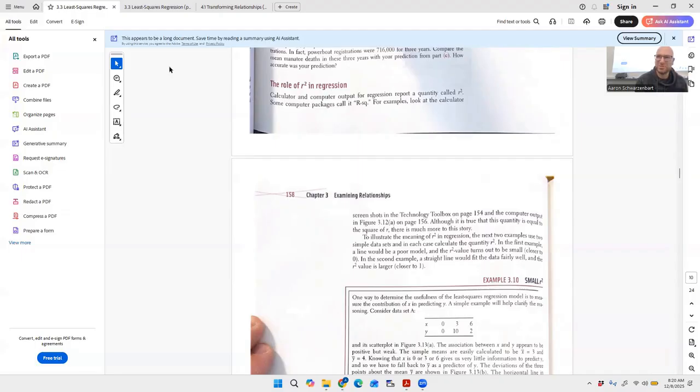You got to figure out each one's distance from the mean, each value, square them, add them all together, divide by n minus 1, square root it for x and y, and then correlation, I can't remember what it was. No, correlation uses both. I think it multiplies each one's x times each one's y.